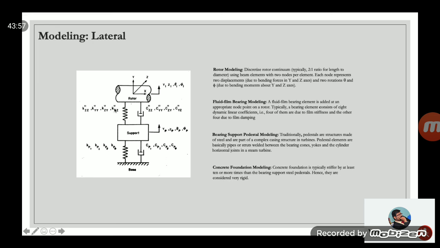What do you mean by cross coupled stiffness? If a rotor moves in one direction, you can also see response in the orthogonal direction. That's why it's called a cross coupled term, z plane with y, y with z. The same thing applies for the fluid film damping.